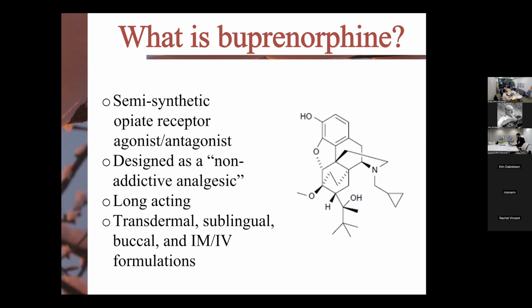It's longer acting, anywhere from 4 to 6 to 8 to 12 hours, depending on how you dose it, all depending on mechanism. This last bullet lists all the ways you can give it, but what's more important is what's missing from that, and that's that it does not come in an oral form. So you can do transdermal, sublingual, buccal, IM, IV, but there's no oral formulation of this.